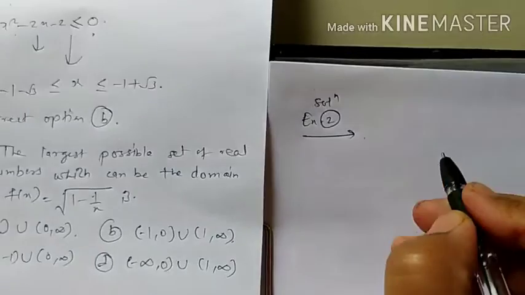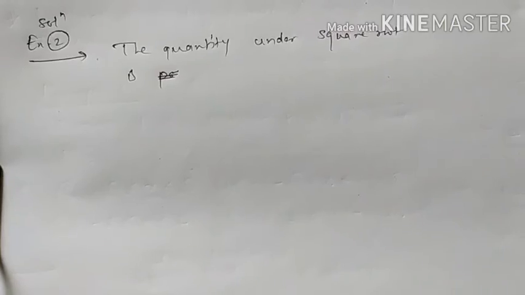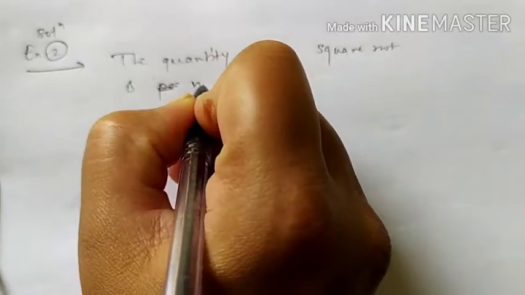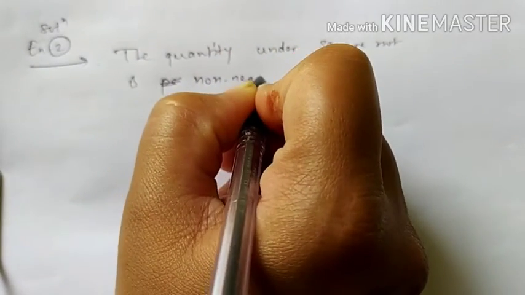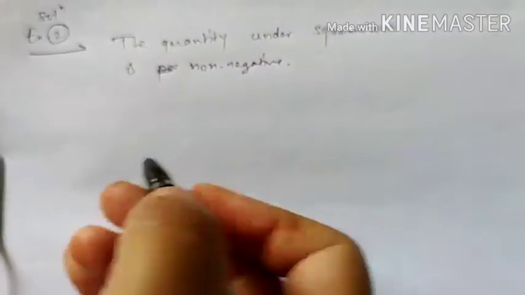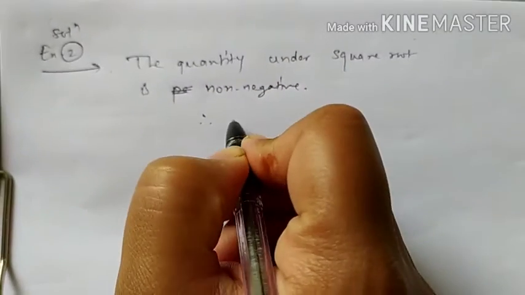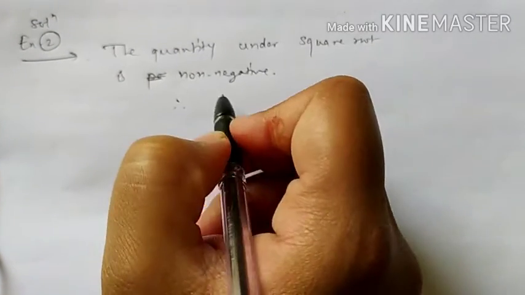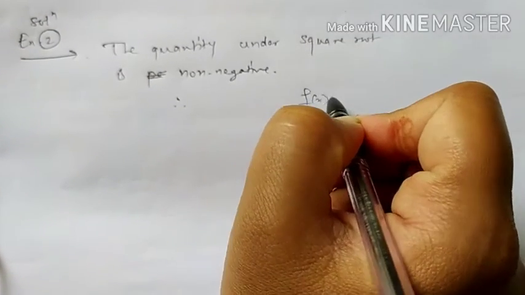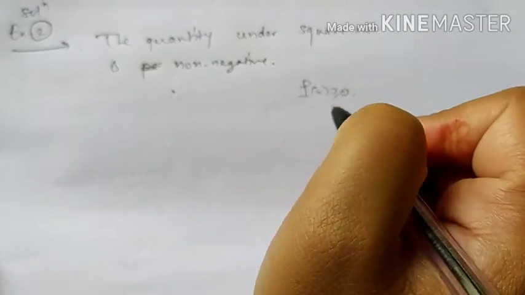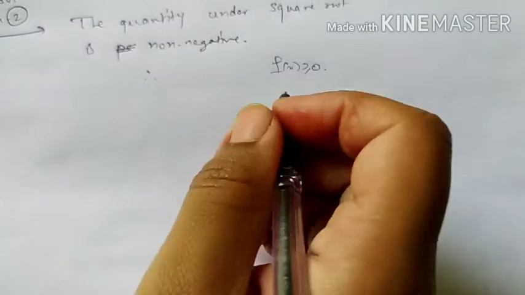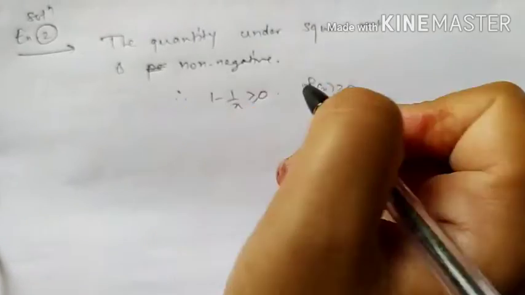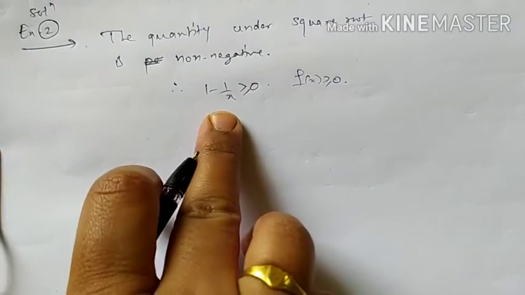Now we know that the quantity under square root is non-negative. So therefore here, students, we should not say f(x) is greater than or equal to 0. The quantity which is given under root, that is non-negative. So we have 1 minus 1 by x is greater than or equal to 0. And here x is not equal to 0.